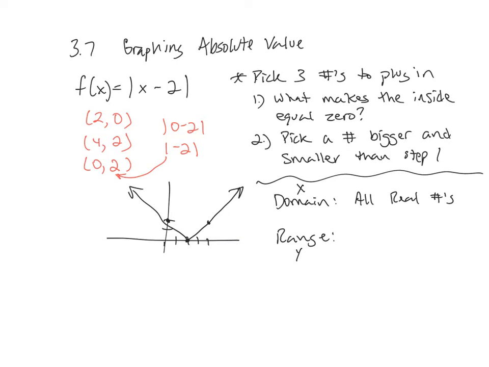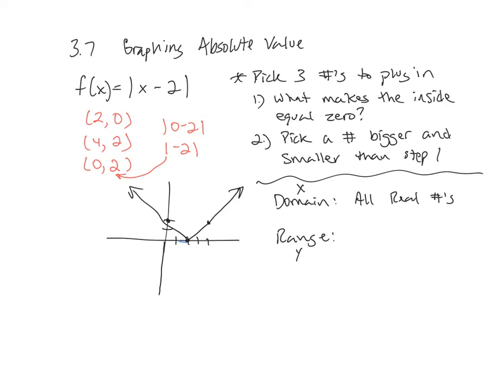Okay, the range, listen carefully, is never all real numbers. The range is talking about as the graph goes up and down, where does it start? Does it stop somewhere? Is it only going higher? Is it only going lower? That's what it's kind of asking. Well, it's always going up in this one, up to the right and up to the left. Where does it start?